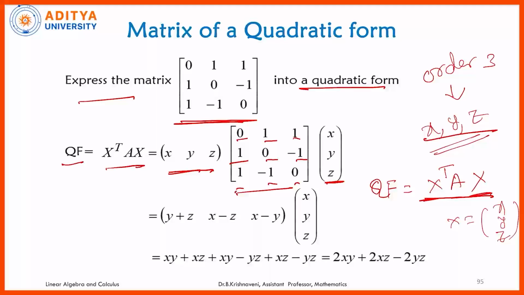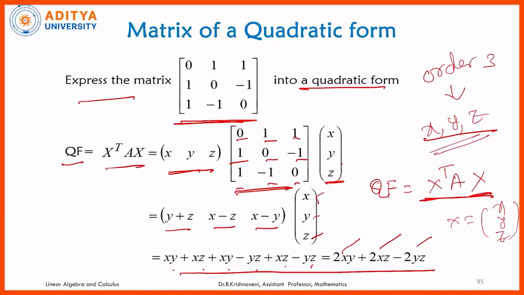Now multiply the first 2 matrices, the result is row y plus z, x minus z, x minus y, then multiply with column x, y, z. Finally, we get xy plus xz plus xy minus yz plus xz minus yz, which is equal to 2xy plus 2xz minus 2yz, representing the quadratic form in 3 variables.